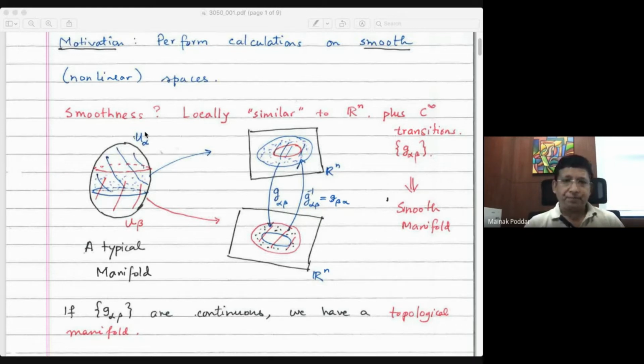And so basically, you can do your calculations in Rn on each piece of your manifold, and you connect these calculations by means of these transition maps.